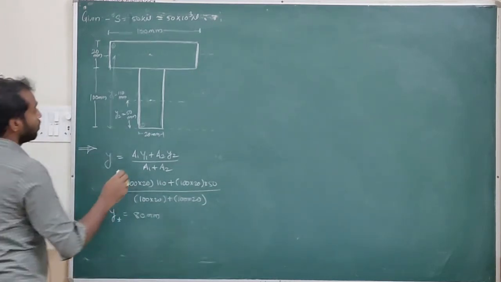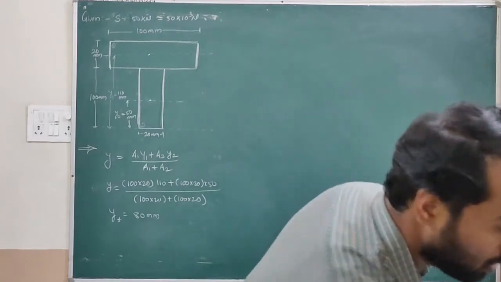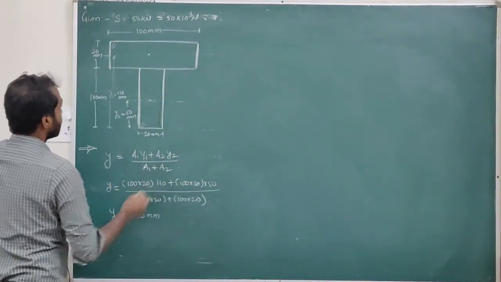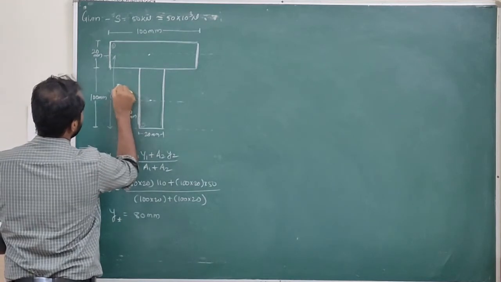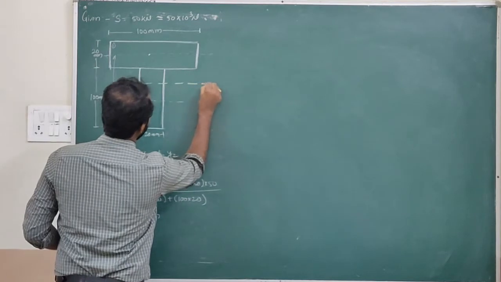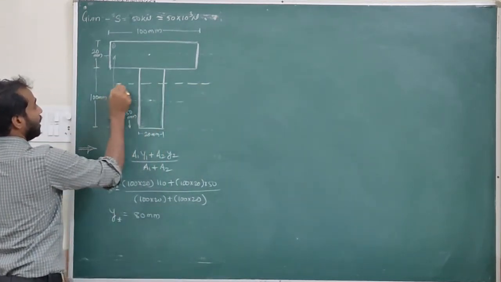So if I locate the neutral axis for this T beam, it will be at a distance of 80 mm.